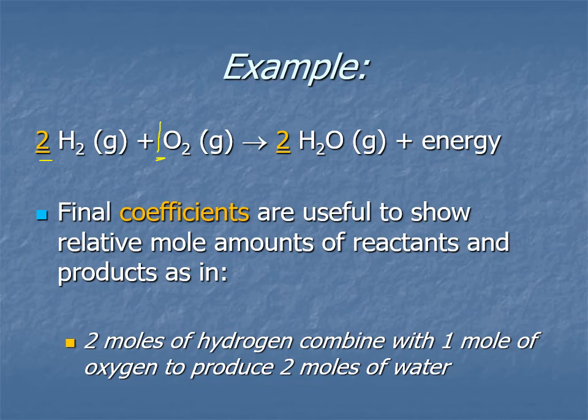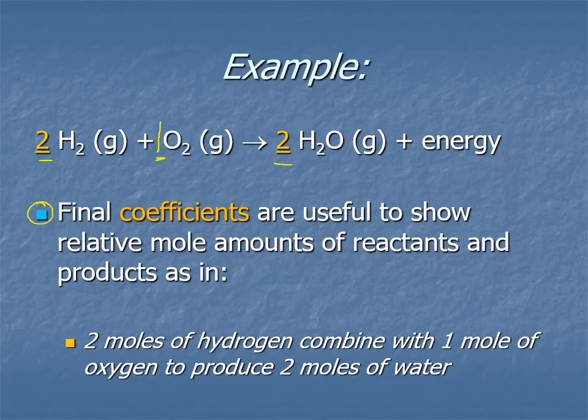And then a coefficient of 2 for water, and we already did the multiplication there. And this happens to also say plus energy, because I know that when water forms, it's actually explosive, and so it gives off a lot of energy. It's very dangerous. It's what happened to the Hindenburg, the big blimp, back in 1937. That was a reaction that made a lot of water eventually.